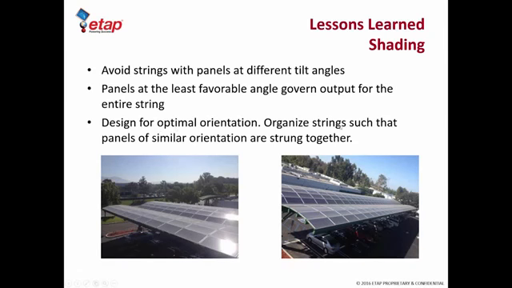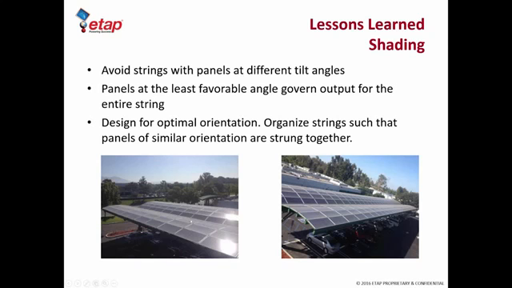So the strings should be organized such that panels of similar orientation are strung together. You can actually have strings going this way so that they're all at the same tilt angle, instead of having strings going around or across the solar panels.